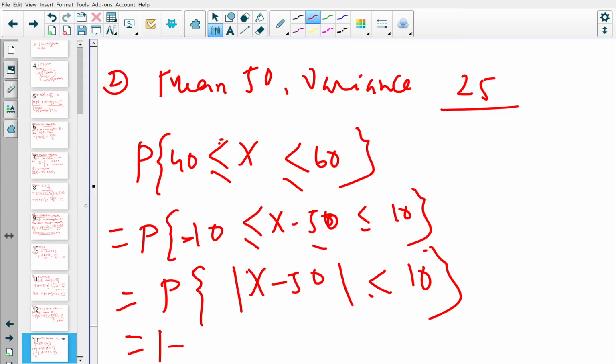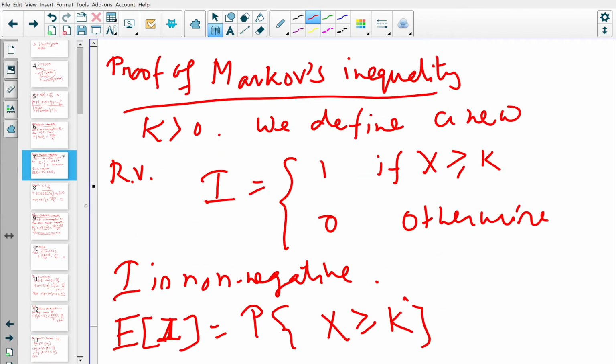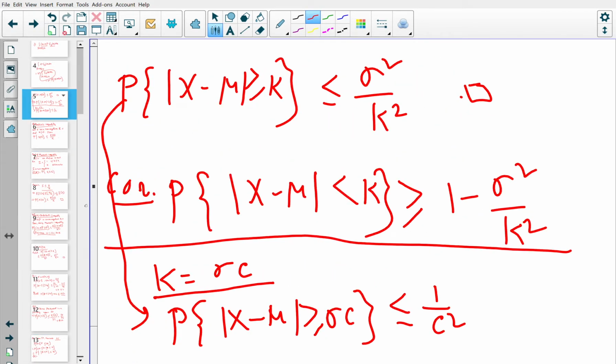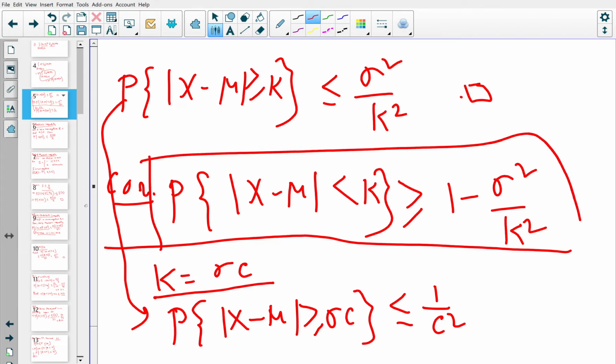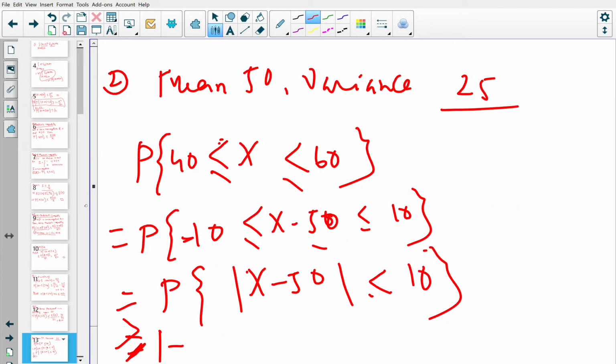That is bounded below, not bounded above. Let me show you the form. Yes, I'm talking about this one, the corollary. This is greater than or equal to 1 minus sigma square by k square.